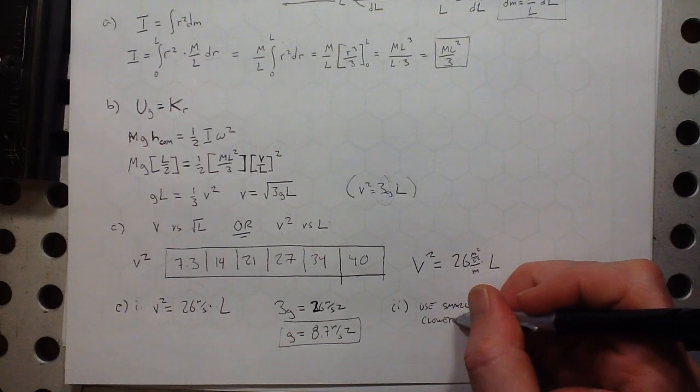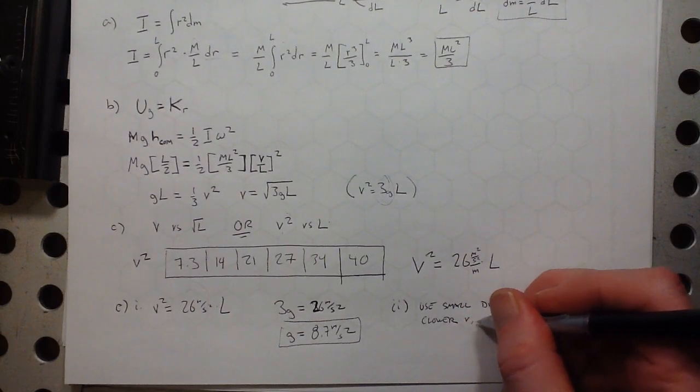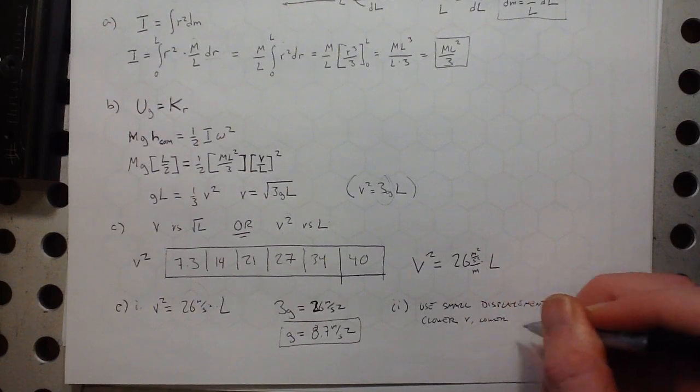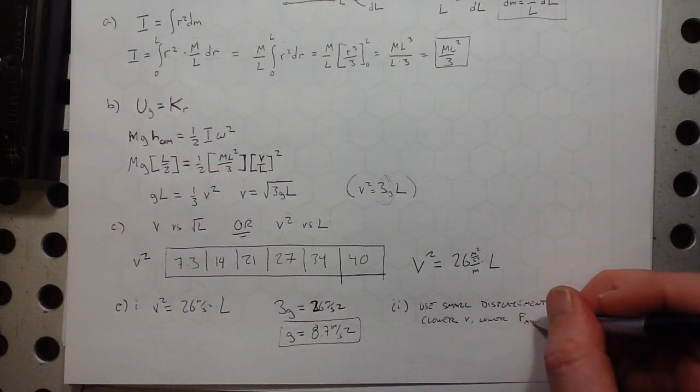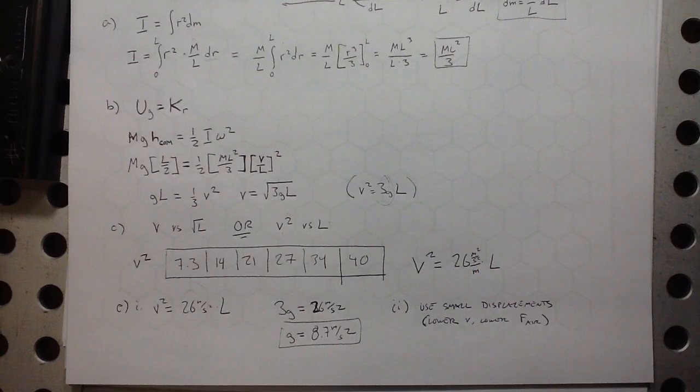Because if you use small displacements of the bar, you'd have lower velocity, which means you'd have lower air resistance. That's the first thing that I would think of. The other one, I'm looking at their scoring guide here. There's a few different things that they suggest. I think, honestly, if I saw this, I would think the first one would seem pretty obvious to me, that you just want to get it going slower.